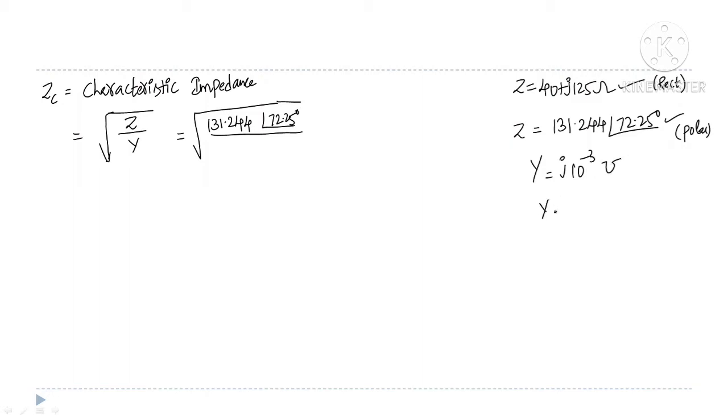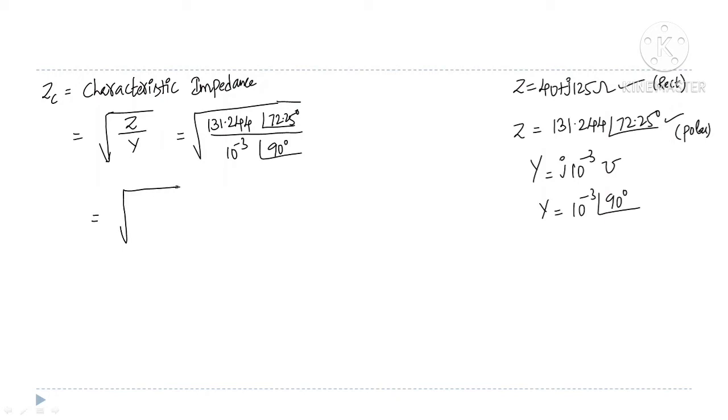If you express this in polar form, it becomes 10 power minus 3 at an angle 90 degrees. j means 90 degrees. Now, how can I find this value? First, I need to divide 131.244 by this magnitude and take the root.